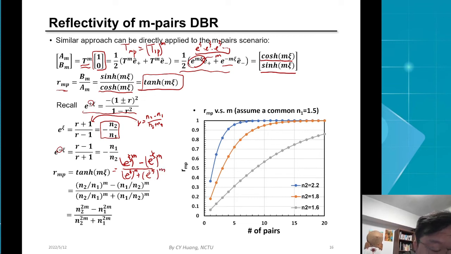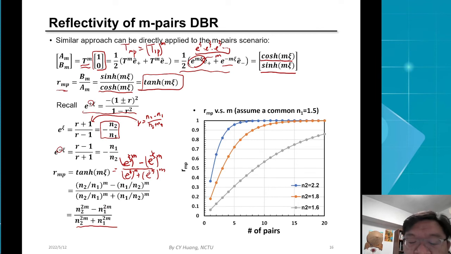Finally, it becomes the equation here: n2 to the power 2n plus n1 to the power 2n, divided by n2 to the power 2n minus n1 to the power 2n.